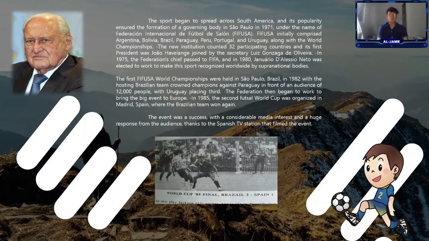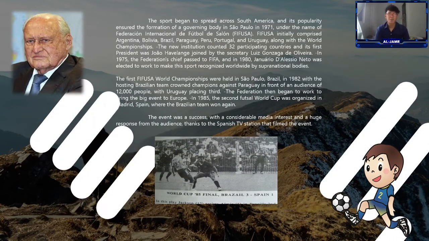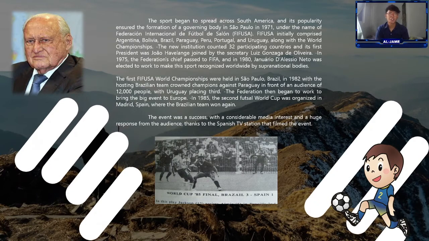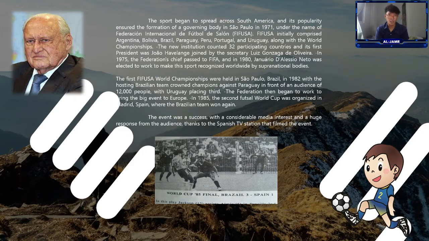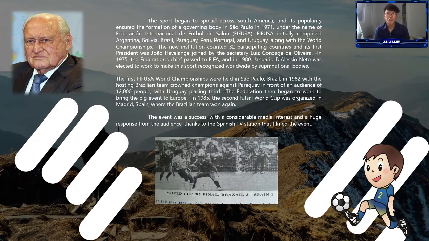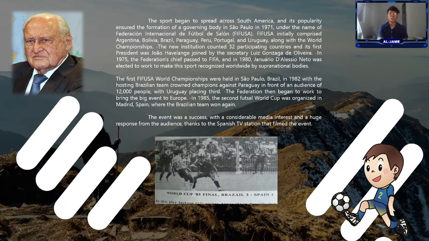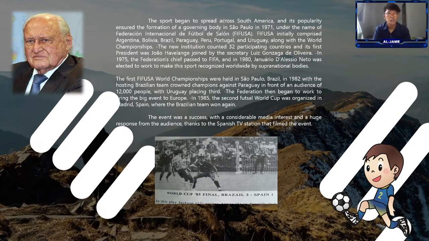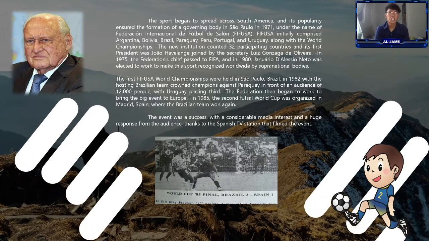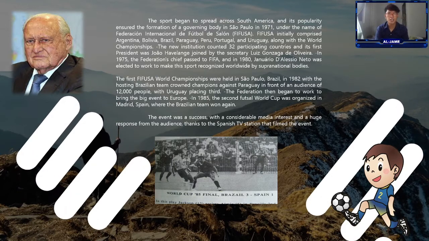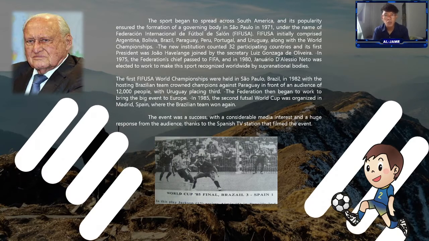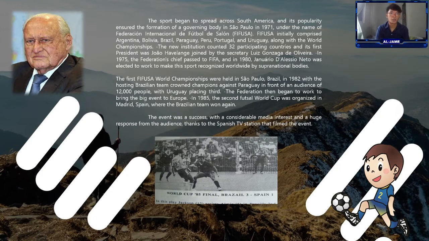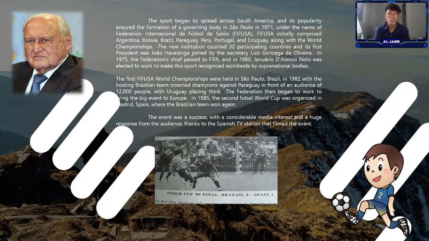So, the sport began to spread across South America, and its popularity ensured the formation of a governing body in Sao Paulo in 1971, under the name of Federation International de Football de Salon, FIFUSA. FIFUSA initially comprised Argentina, Bolivia, Brazil, Paraguay, Peru, Portugal, and Uruguay, along with the World Championships.